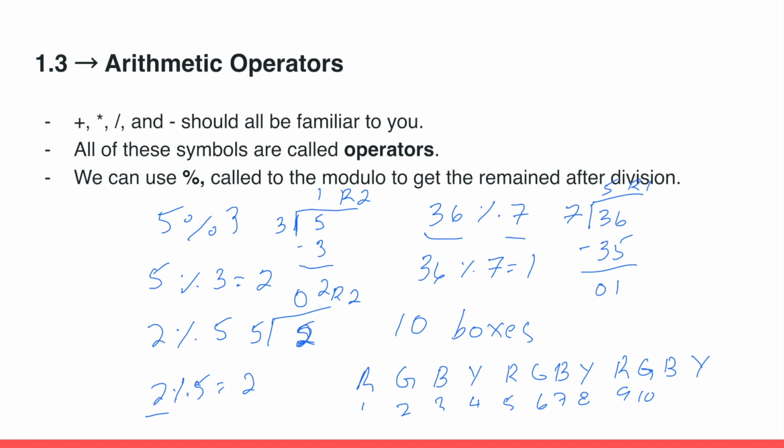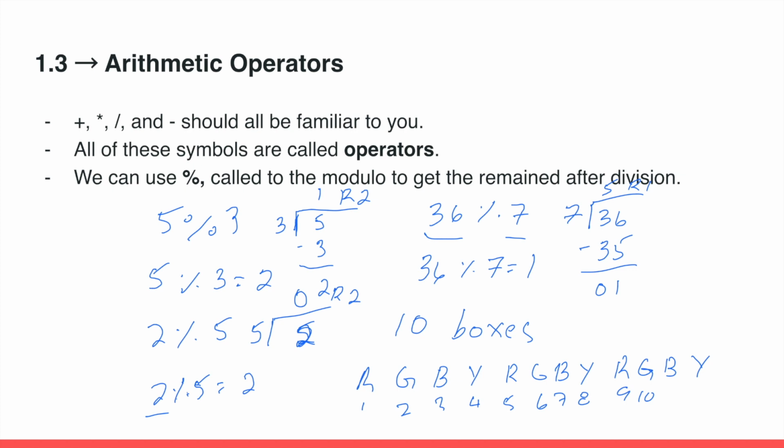So we know that 1 is going to be red, 2 is going to be green, 3 is going to be blue, and yellow is going to be 4. Whenever we have a remainder of 1, we're going to have red. A remainder of 2, we're going to have green. A remainder of 3, we're going to have blue, and then no remainder, we're just going to have yellow, right?